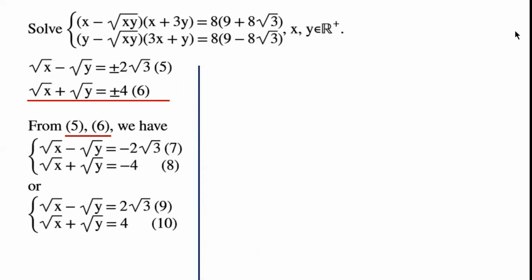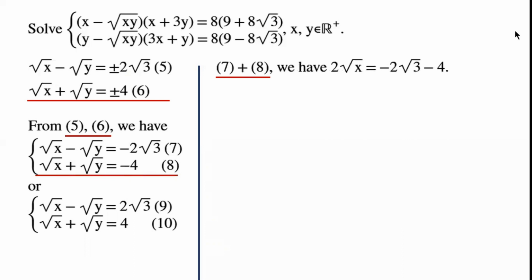From equations 5 and 6, we have equations 7 and 8, or equations 9 and 10. 7 plus 8, we have 2√x equals -2√3 - 4.